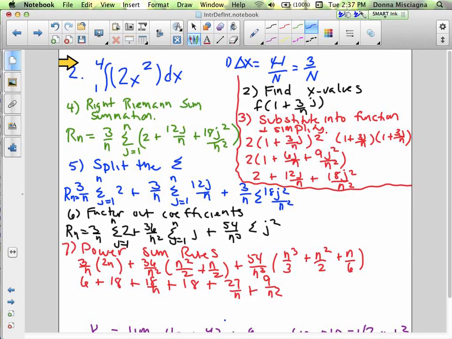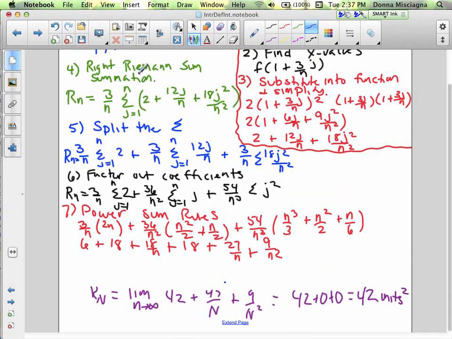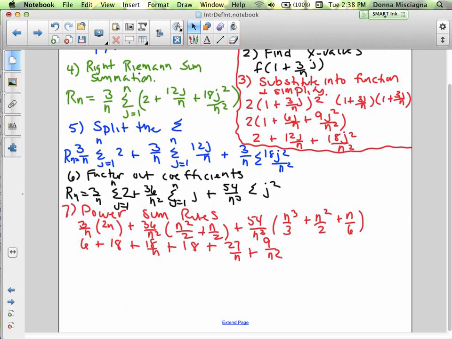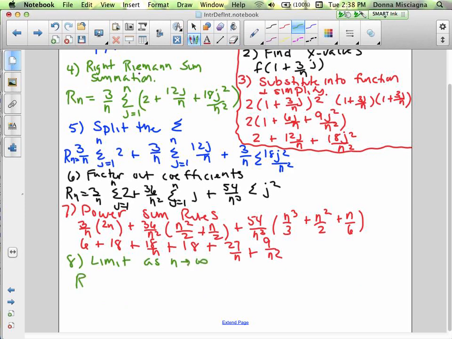And then the last step, I'll expand the board just a tad. I'm going to erase that. Well, we saw what my answer was, so let's hope we get the same answer. All right, so it's the limit as n approaches infinity. So we have Rn is equal to the limit as n goes to infinity. So we've got 18 plus 18 plus 6, and that's going to be 42.